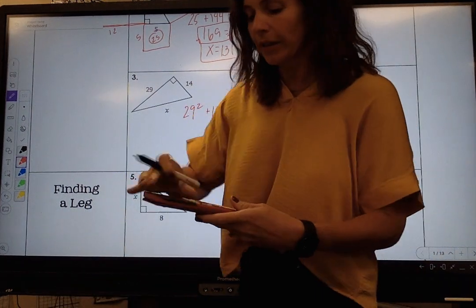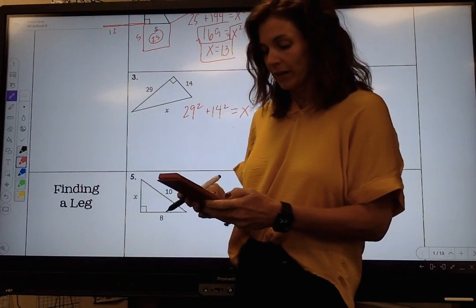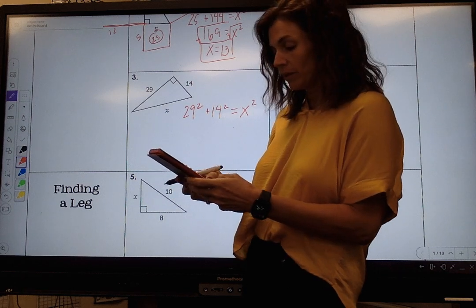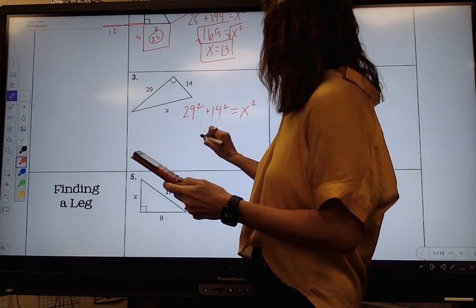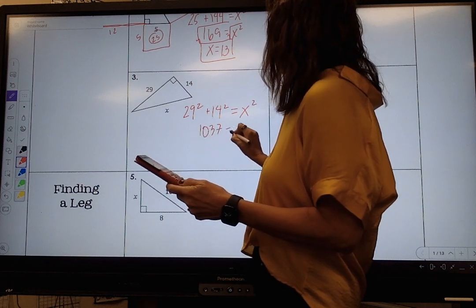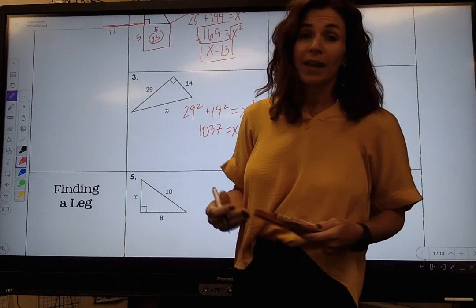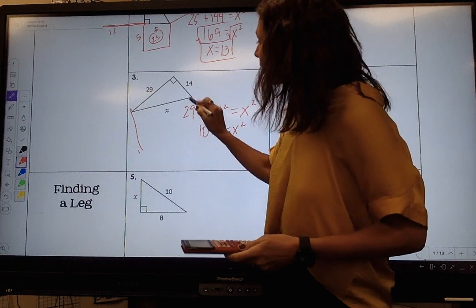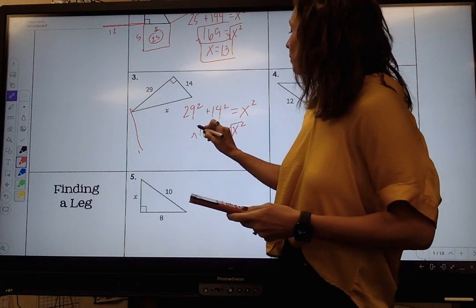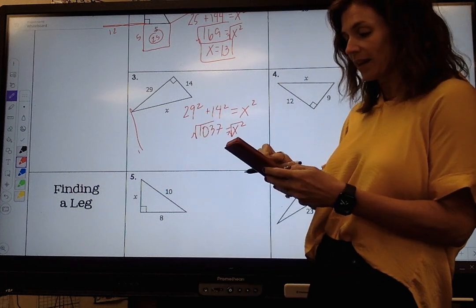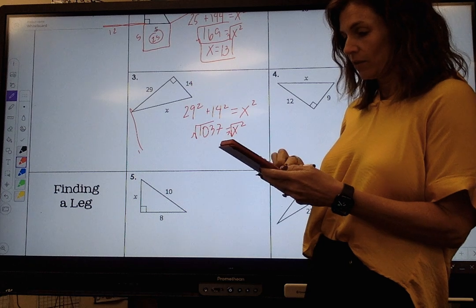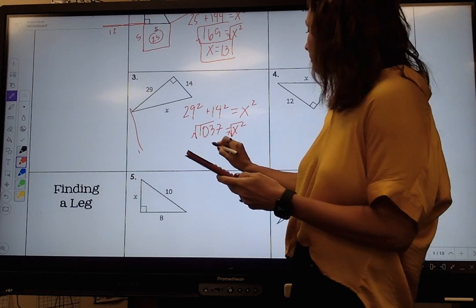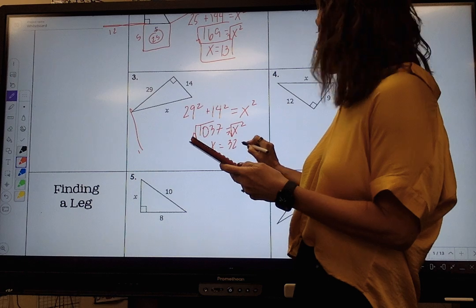So we take our calculator, and we do 29 squared plus 14 squared, and we get 1,037 equals x squared. I don't care about the square of it. I want the square root because I just want one length of the side. So when I do that in my calculator, I get x is going to be 32.2.